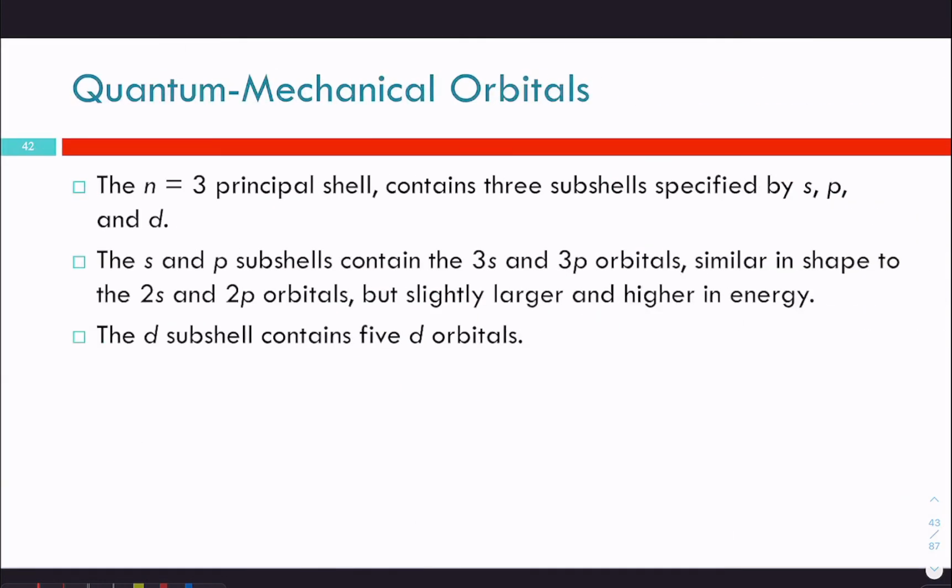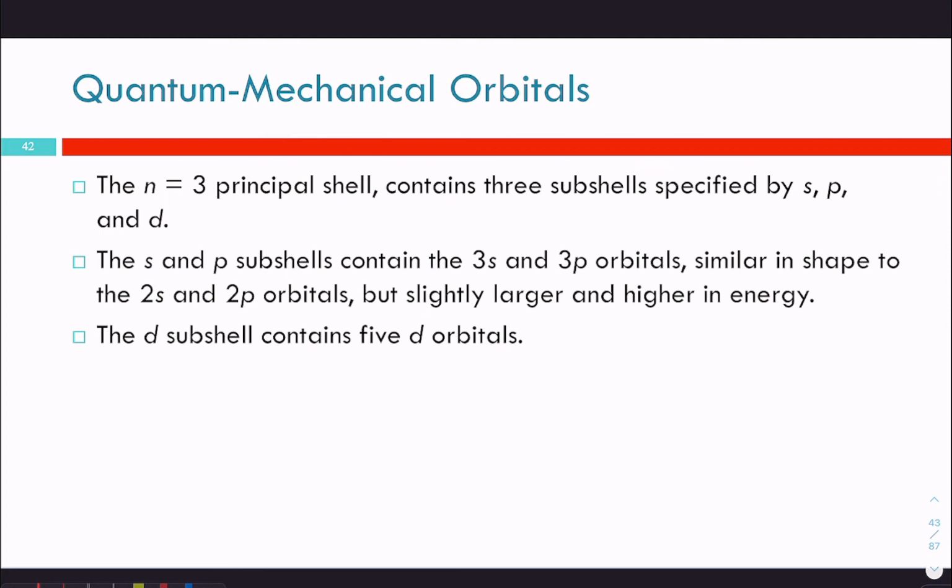The n equals 3 principal shell contains subshells specified by s, p, and now d. The d subshell contains 5 different orbitals. So we jump in odd numbers in terms of the orbitals: it goes from 1 to 3 to 5, then 7, and then I think 9, because I think there is another one after that. The s and p subshells contain 1 s and 3 p orbitals.